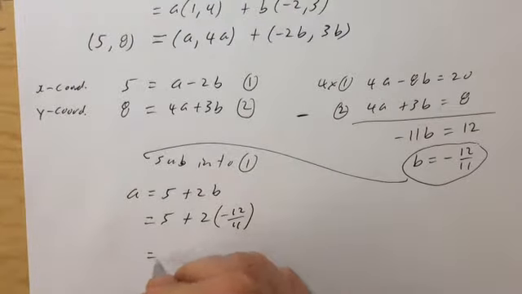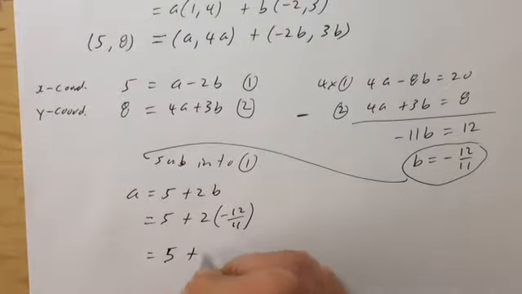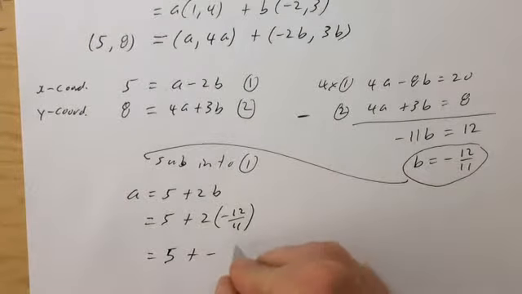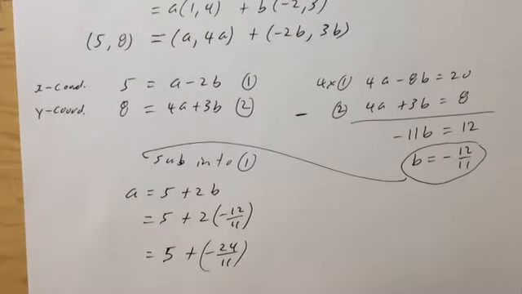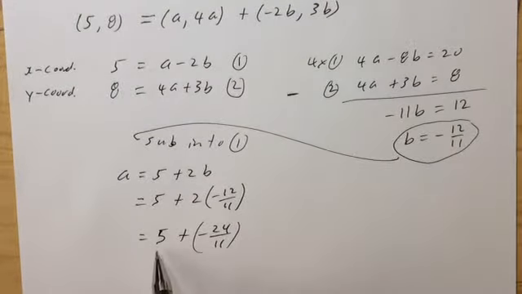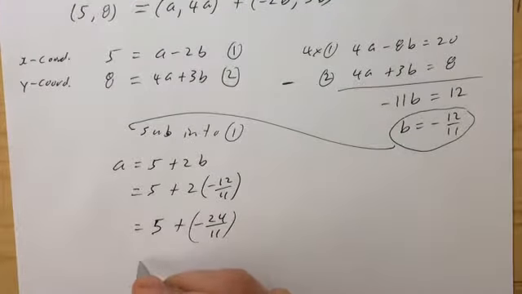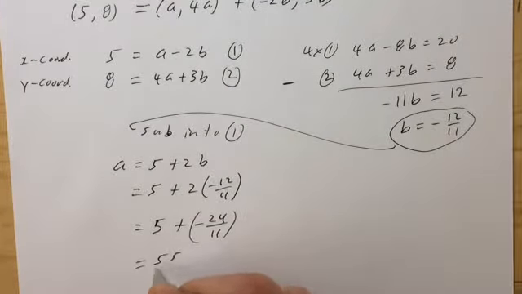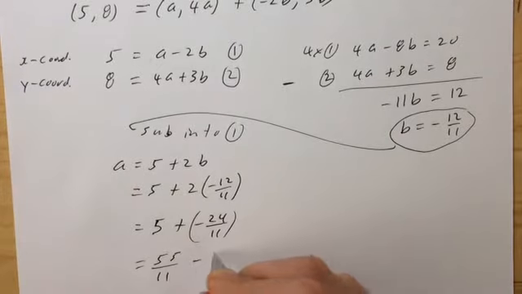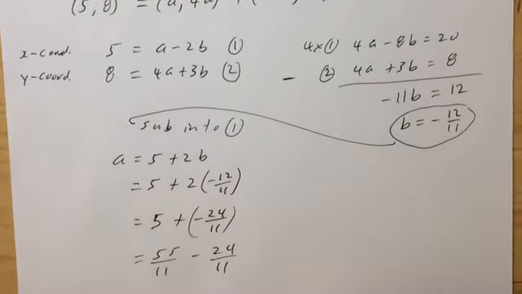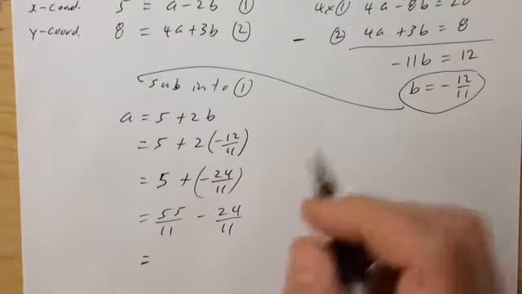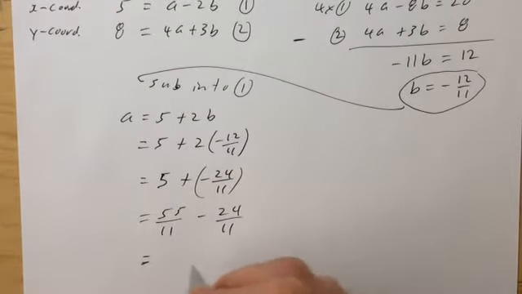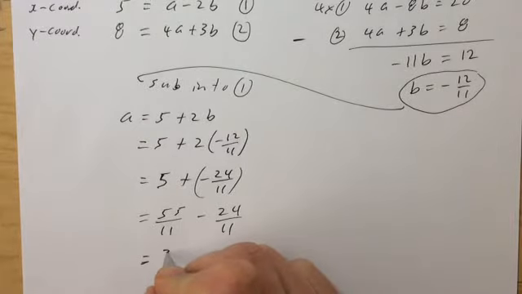Okay, and that equals 5 plus negative 24 over 11. And I'm going to have to change 5 to something over 11, so that's going to be 55 over 11 minus 24 over 11, which gives us 31 over 11. So there's a.